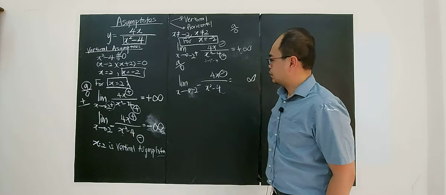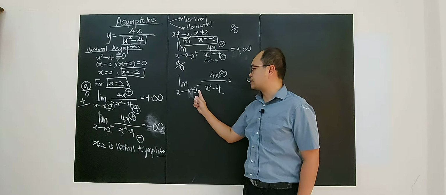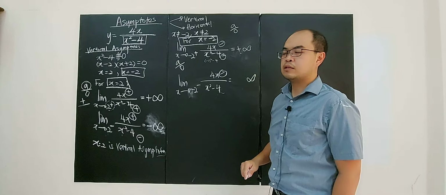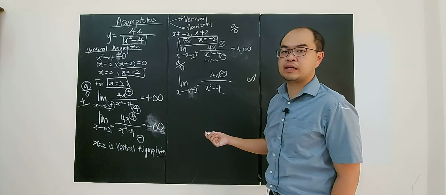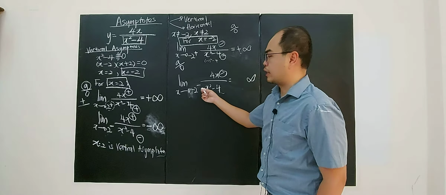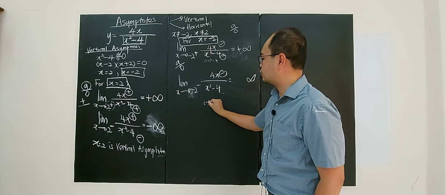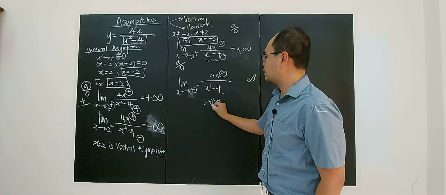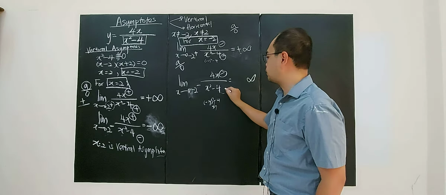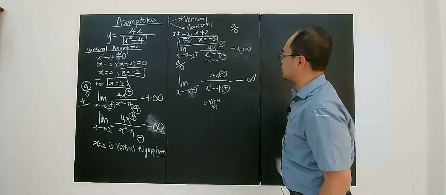And this one also. For negative 2 minus, slightly to the left of negative 2 means smaller than negative 2, so I choose negative 3, which is near negative 2. Negative 3 squared minus 4 is 9 minus 4, which is 5. It doesn't matter, as long as the number is positive, you record it as positive. So negative over positive gives negative.